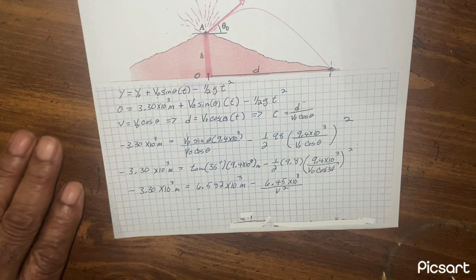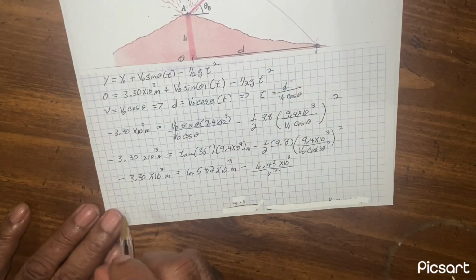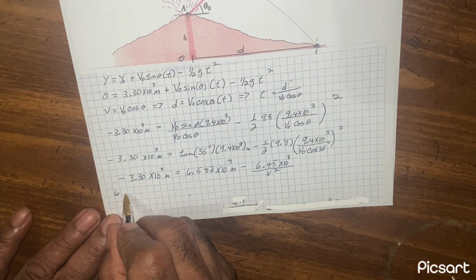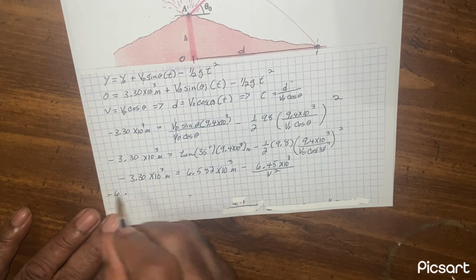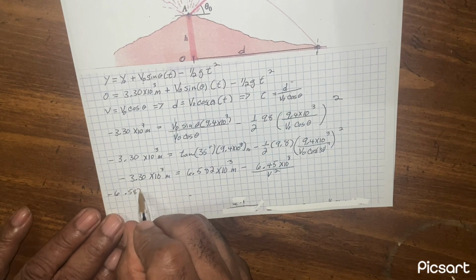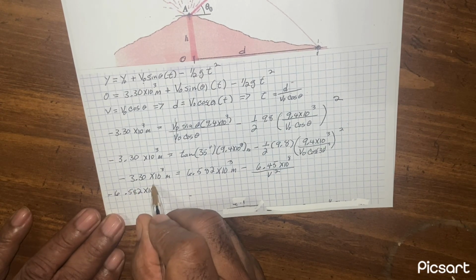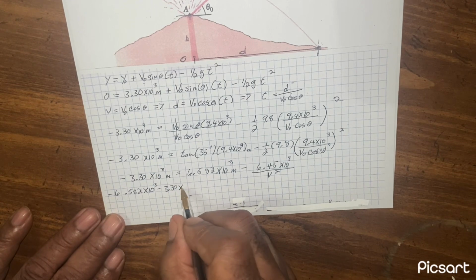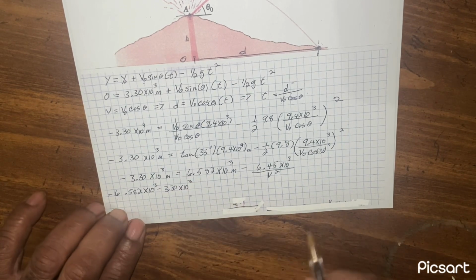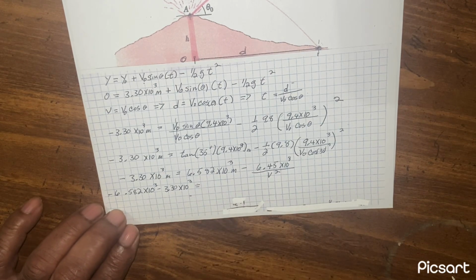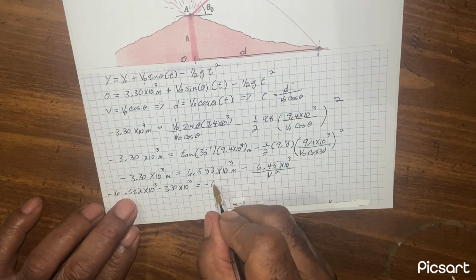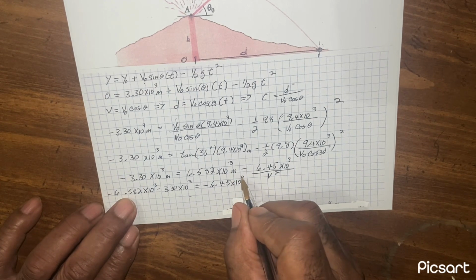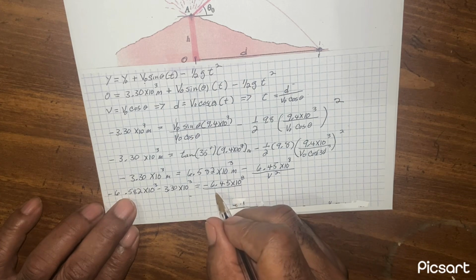So now we take this to the other side. We have 6.582 times 10 to the third minus 3.30 times 10 to the third equals minus 6.45 times 10 to the 8 divided by v sub o squared.